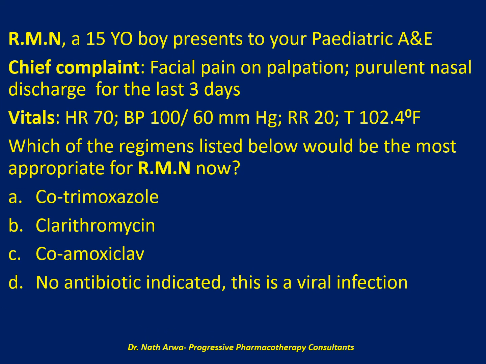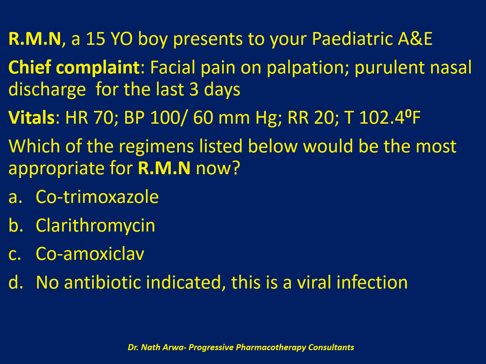And it reads, Master RMN, a 15-year-old boy, presents to your pediatric A&E. He has a chief complaint of facial pain on palpation. There is purulent nasal discharge, and this has gone on for the last 3 days. Some of his vitals include a heart rate of 70, a blood pressure of 100/60, a respiratory rate of 20, and a temperature of 102.4 degrees Fahrenheit.